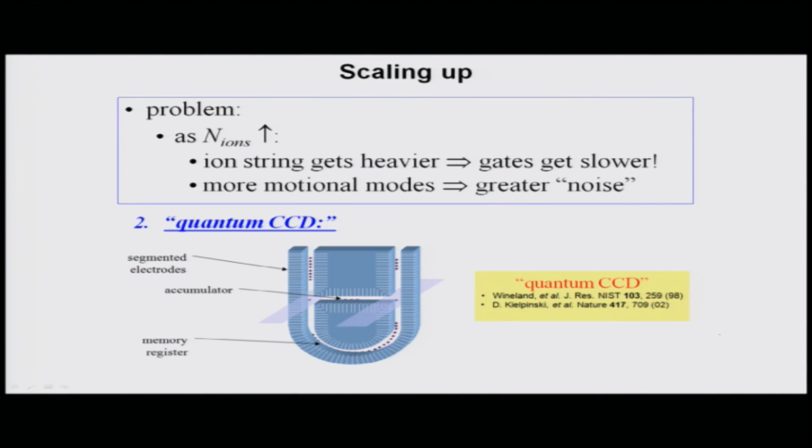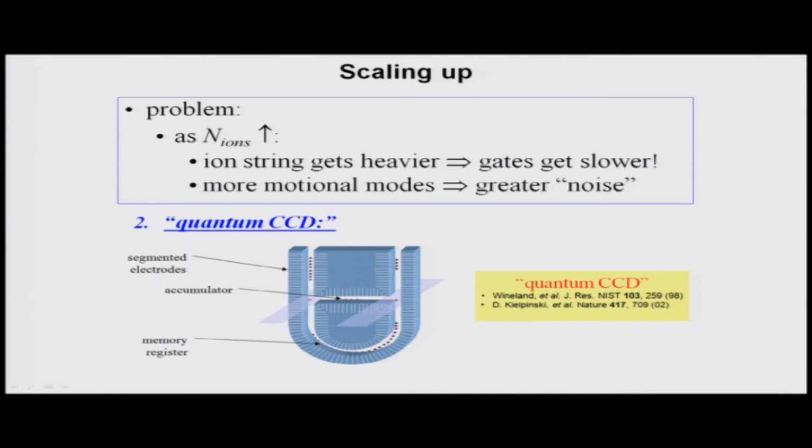In terms of scaling up, as we mentioned before, it would perhaps be interesting to see a CCD coupled device, where the segmented electrodes necessary for manipulating the motion of these ions are put together in such a way that they look like a coupled condition.